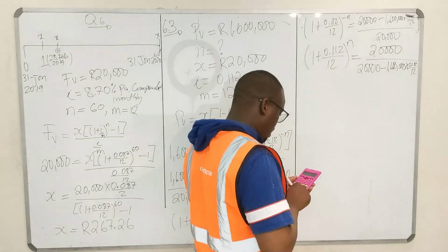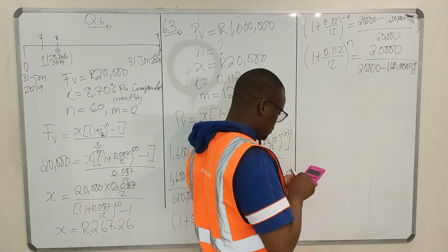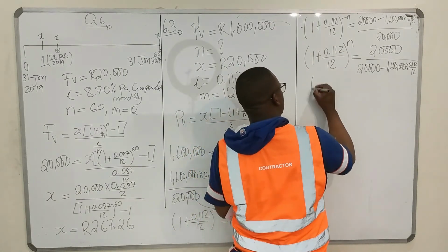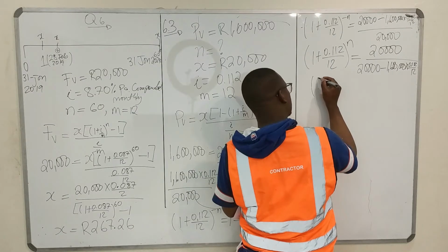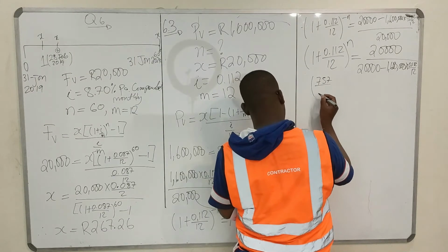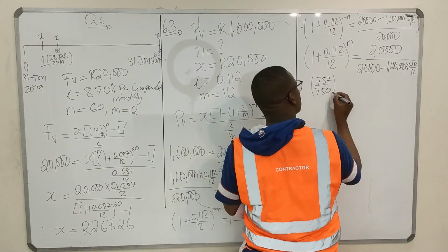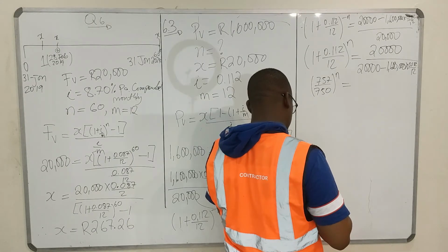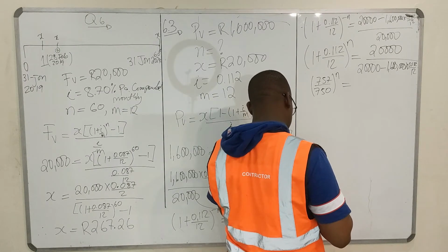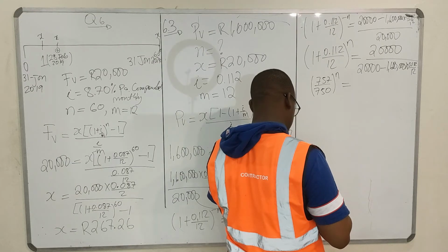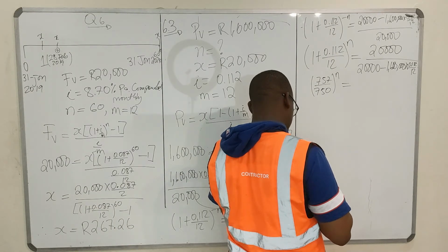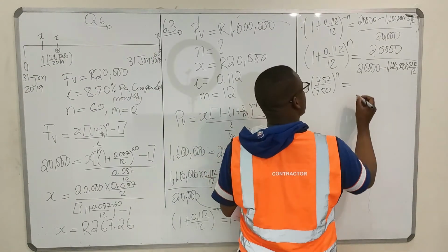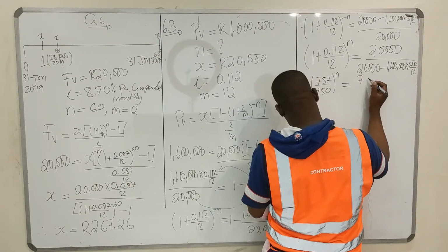So 1 plus 0.112 over 12 looks like 757 over 750, raised to n, is equal to 20,000 minus 1.6 million times 0.112 over 12, and you get 75.